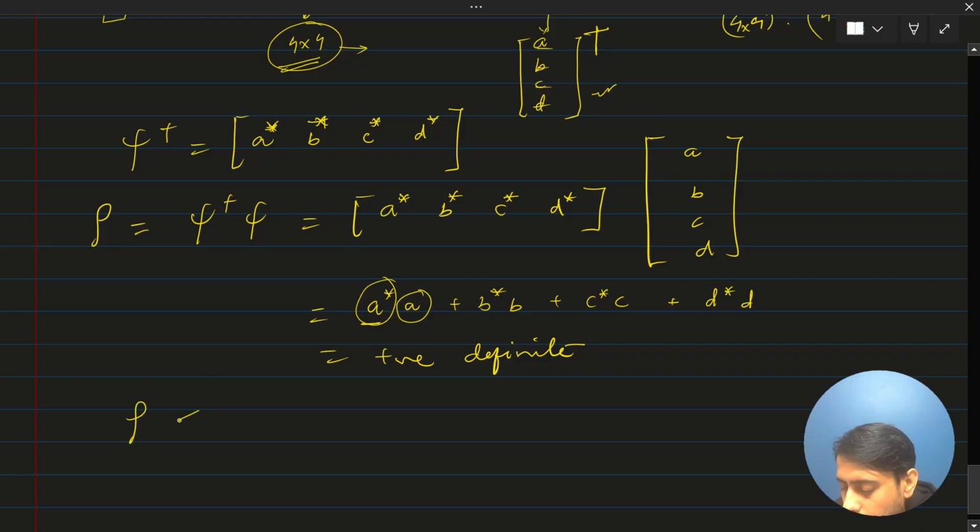Rho could be positive or negative, but in the case of how Dirac wrote the relativistic energy expression, in the manner c alpha p plus beta mc square, that expression gives you rho, the probability density, as a positive definite value.